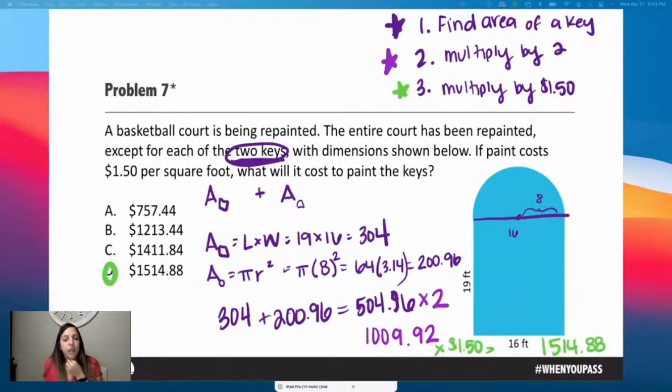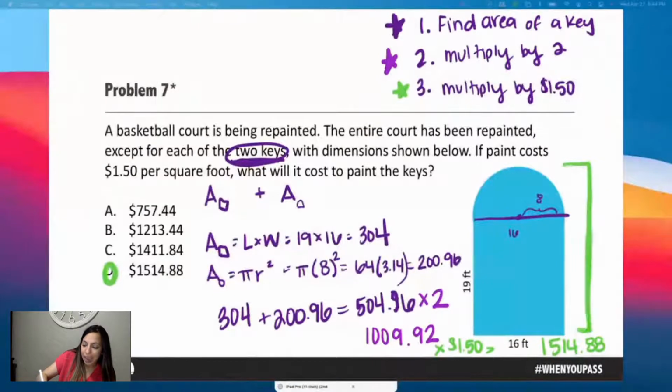Now, you asked, what's a key on a basketball court? You're not dumb. To be quite frank, I didn't know what it was either. However, you really don't need to know because they're not going to expect you to know that. They gave you the shape and they told you that there's two of them. So in all reality, you don't need to know what the key is because they gave you the shape and they said that you have two of them.